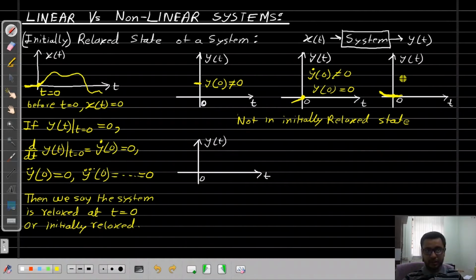That situation is also not initially relaxed because the second derivative at this moment is not 0. Only if the output is 0, its derivative is 0 and second derivative is also 0, so it is not going to change its slope after a while. So if everything is 0, y0, y dot 0, y double dot 0, then it is initially relaxed.